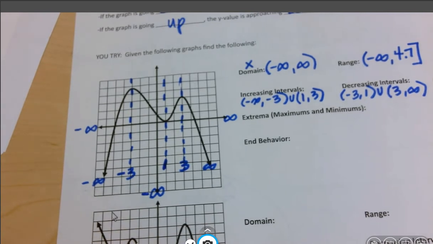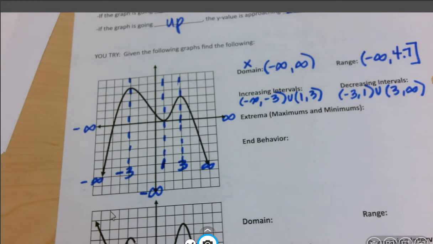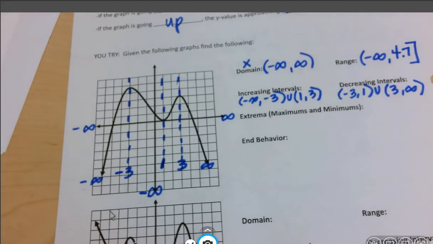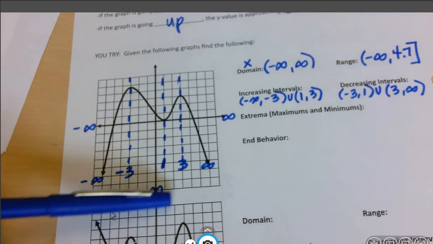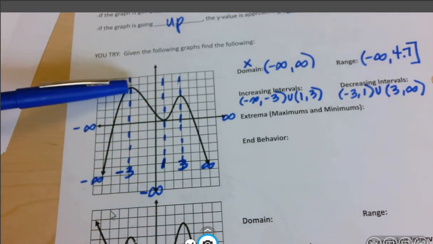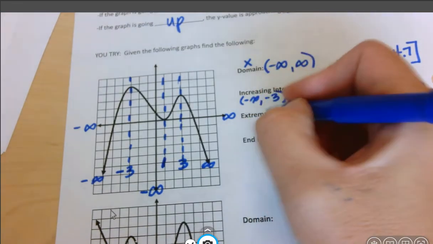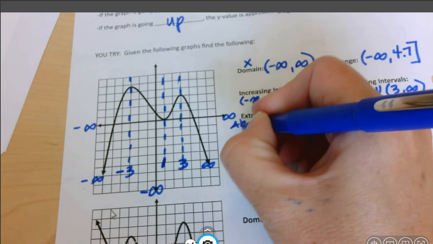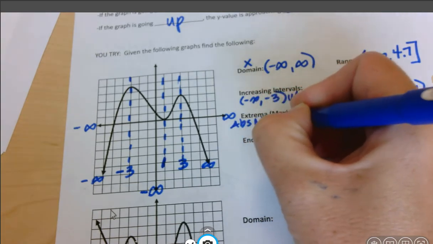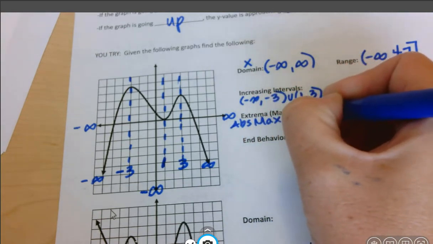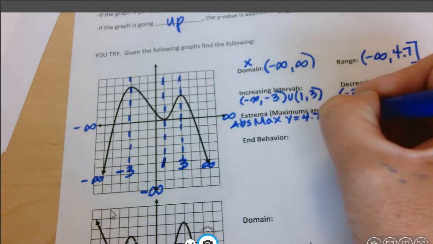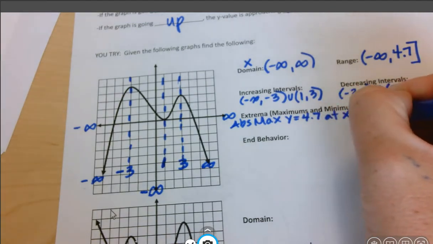So now we're going to do extrema. Remember, that's the new thing we did today. So we're going to look for our absolute maximum. Remember we estimated it to be about what number? 4.7. So absolute maximum, y equals 4.7 at x equals -3.